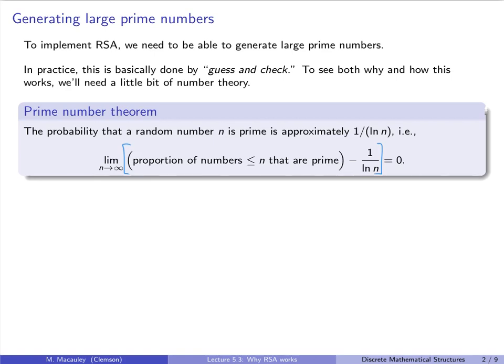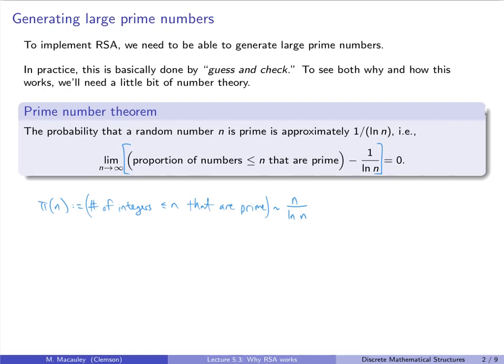If we define pi of n to be the function that counts how many primes there are up to n, so this is formally the number of integers less than or equal to n that are prime, then this number grows asymptotically with n over the natural log of n.